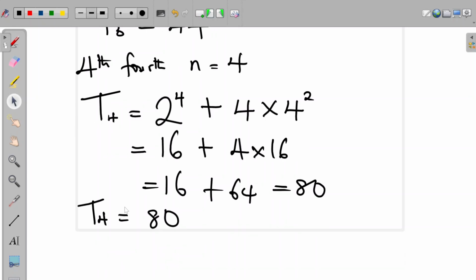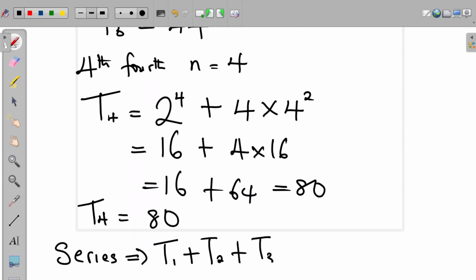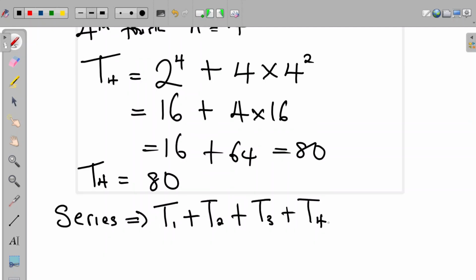Now, to obtain the series, we establish that the series is the summation of all the terms. So the first term plus the second term plus the third term plus the fourth term. So we have that our first term is 6, plus the second term is 20, plus the third term is 44, plus the fourth term is 80.